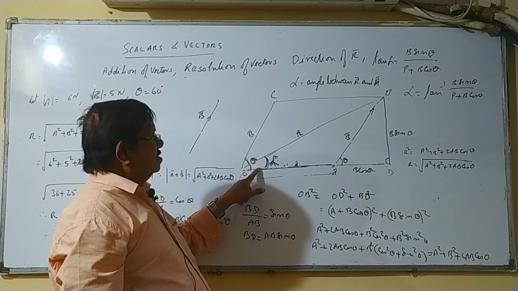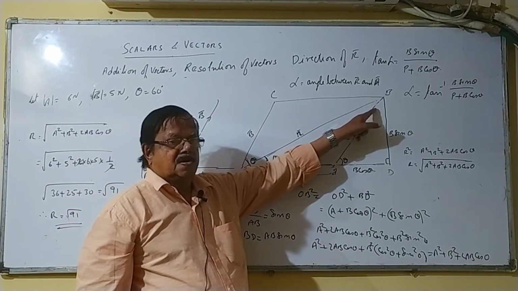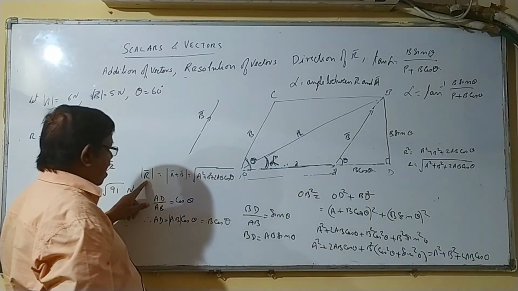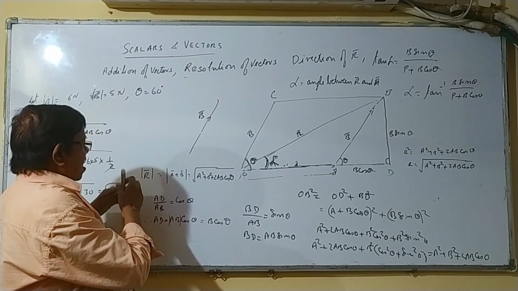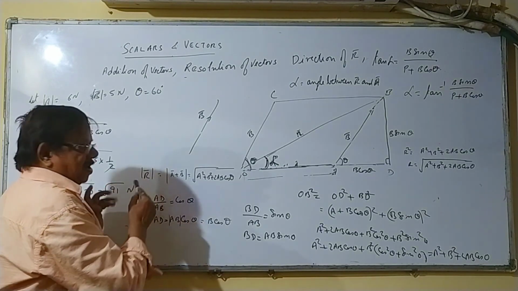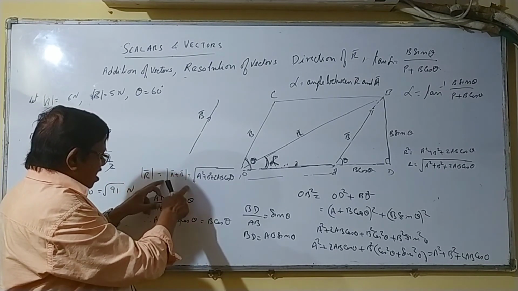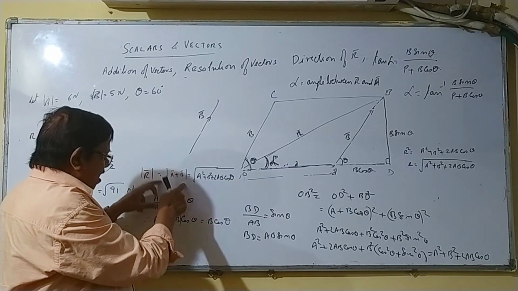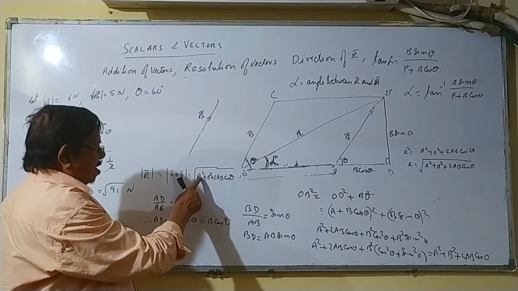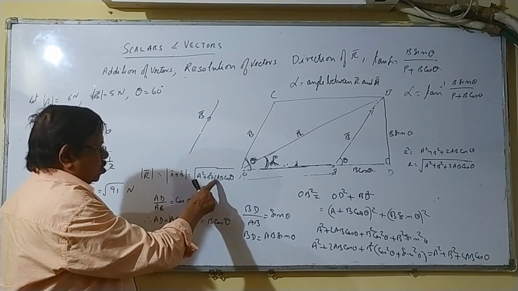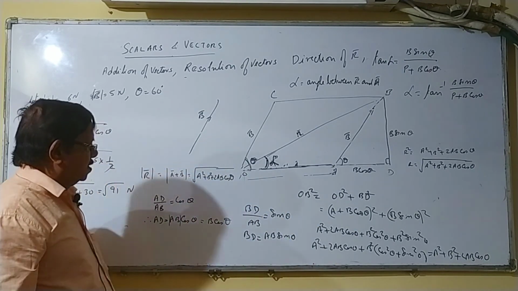Then I said that the magnitude of this resultant vector R, which can also be written as the magnitude of A vector plus B vector, equals root of A square plus B square plus 2AB cos theta.